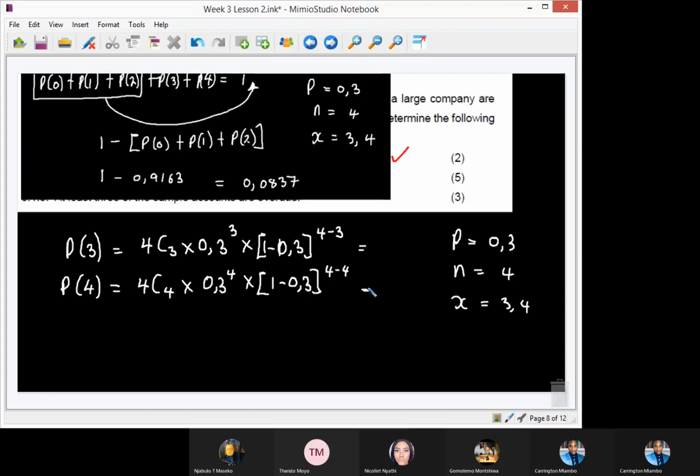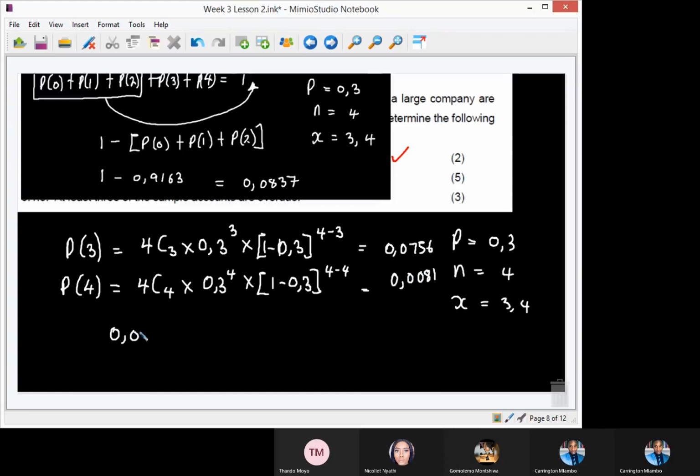Let's get the answers. 4C3 times 0.3 to the power 3 times, right, getting 0.0756. Then we do for 4, 0.0081.